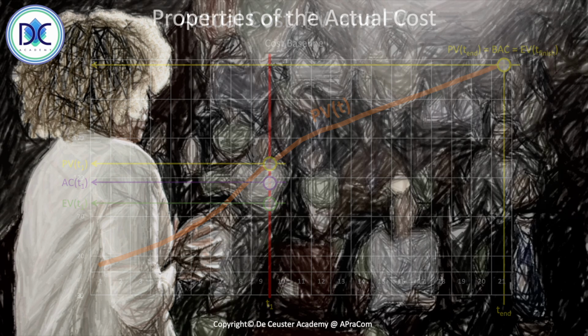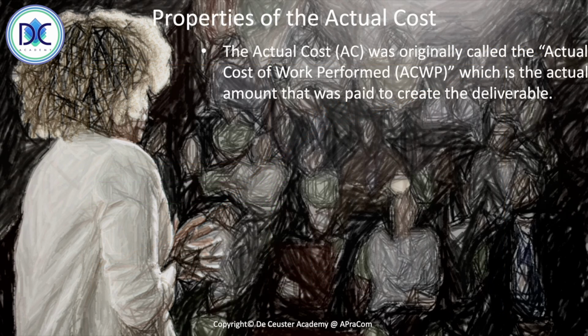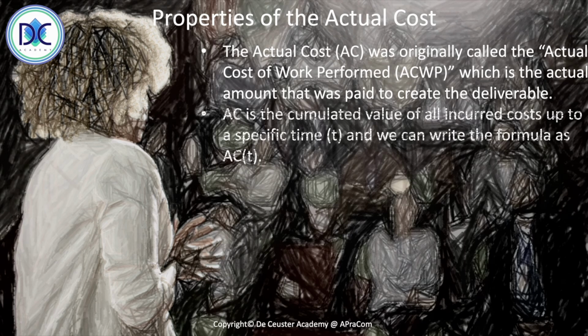Now let's have a look at the properties of the actual cost. First of all, it was called the actual cost of work performed. I mentioned that before, and it's basically the actual amount that was paid to create the deliverables. It's a cumulated value of all incurred costs up to a specific time, and again we can write it as a formula, actual cost as a function of time. Like before, we don't really have a mathematical expression, but we have the measurements of every period, how much money was spent on the different activities, hence to create the different deliverables.